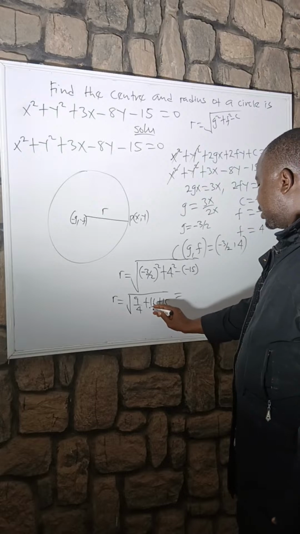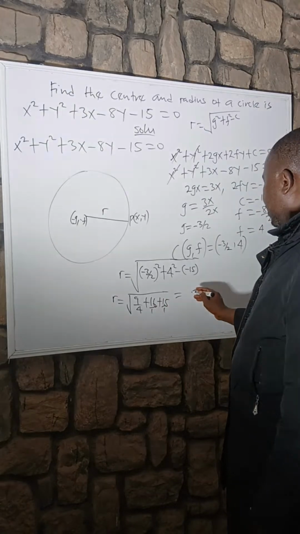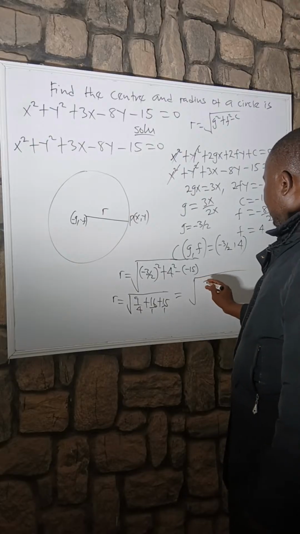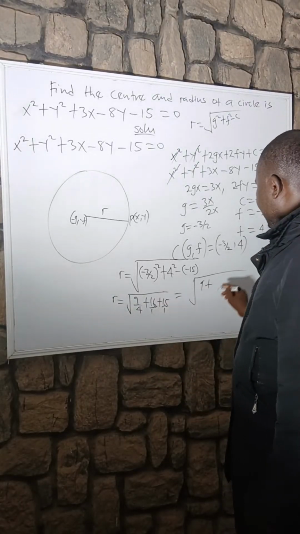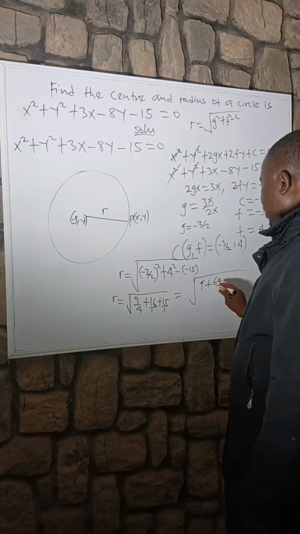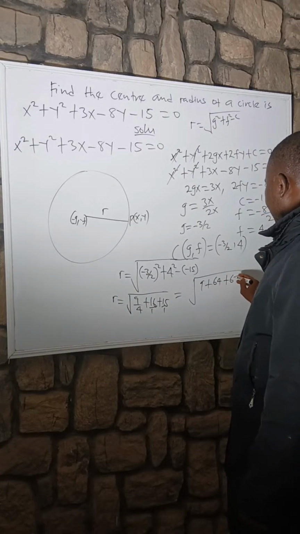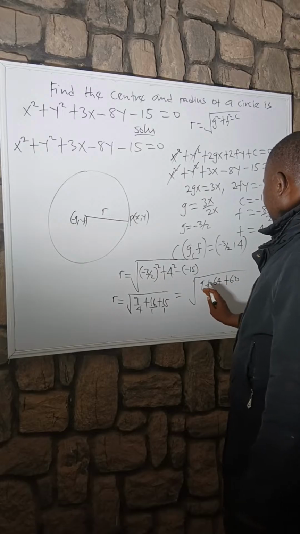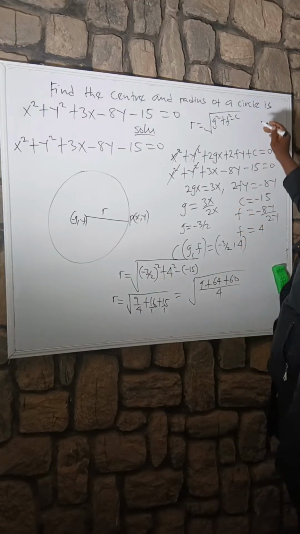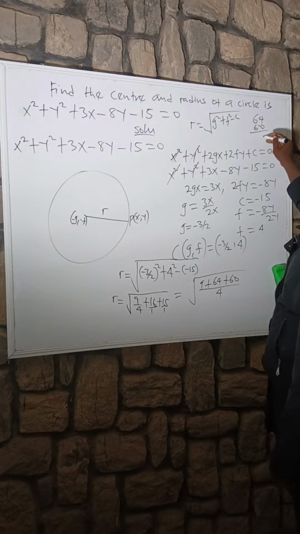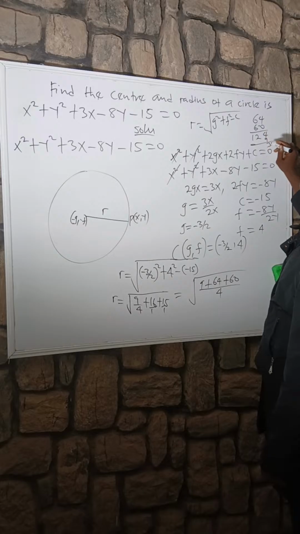The LCM is 4, so here would be 9 plus 64 plus 60, all over 4. 64 plus 60 is 124, plus 9 is 133.